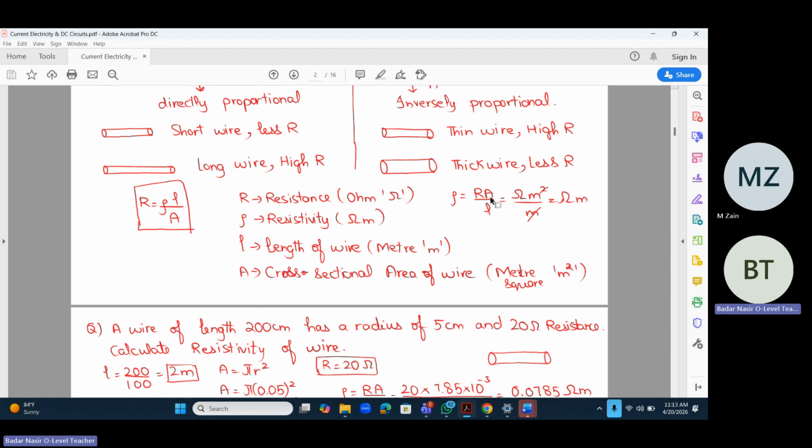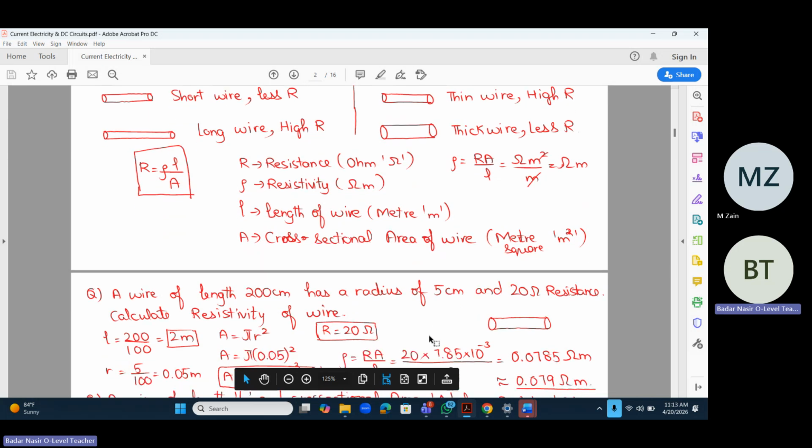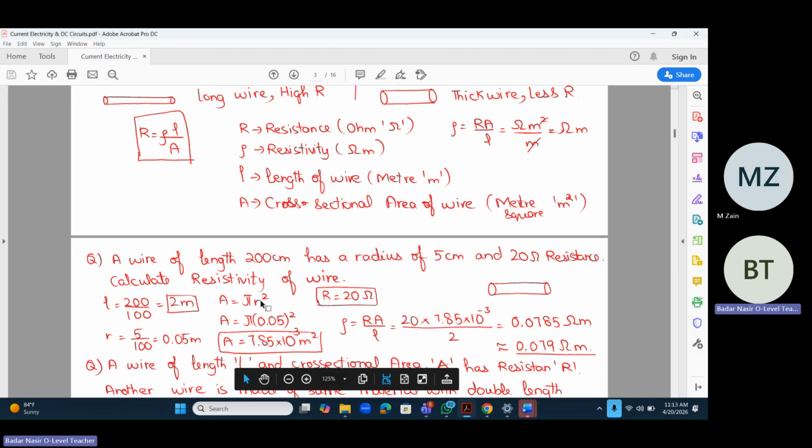So rho is RA over L. Resistance is 20, radius is given. So we have to find out the cross-sectional area of the wire using the formula area is equal to pi r squared. Convert the length from centimeter to meter by dividing by 100.